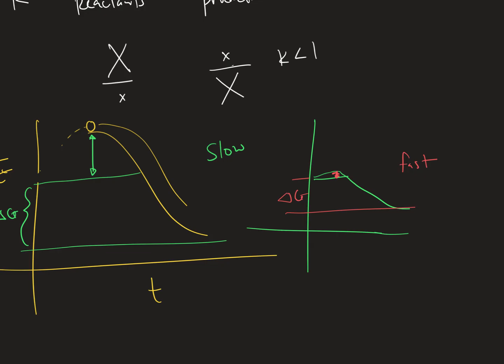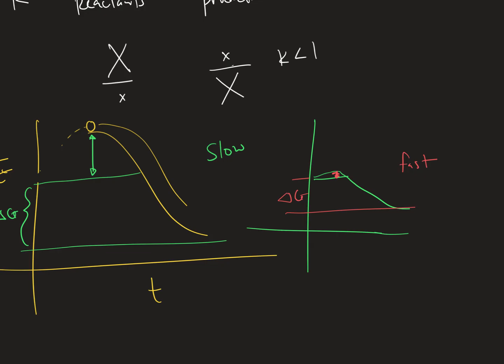Okay. So no matter what kind of reaction you have, whether it's exothermic or endothermic, it's going to take some energy to make it happen. You can't just put sodium and chlorine gas together and it's going to make salt. You have to give it energy for it to bond together.